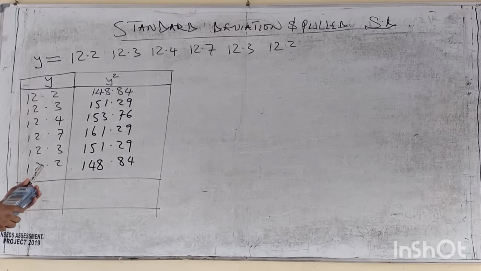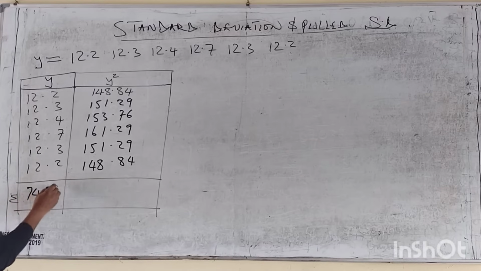Start from here: 12.2 plus 12.3 plus 12.4 plus 12.7 plus 12.3 plus 12.2. This is 74.1. Summation of y is 74.1.